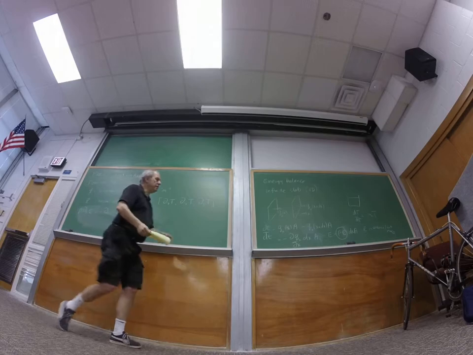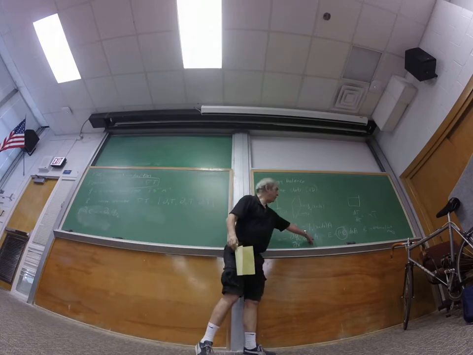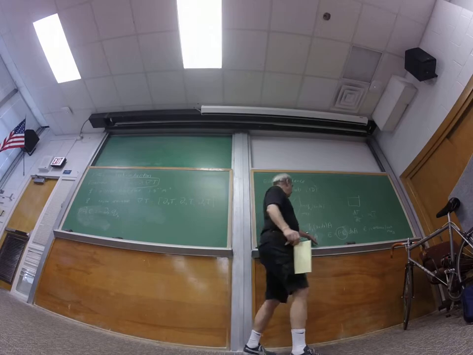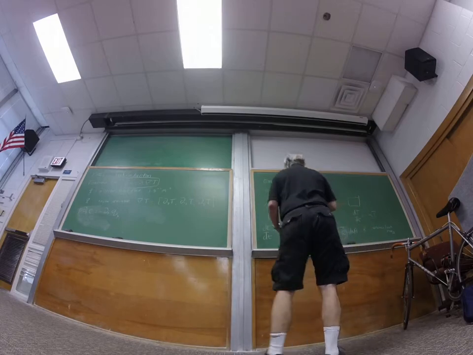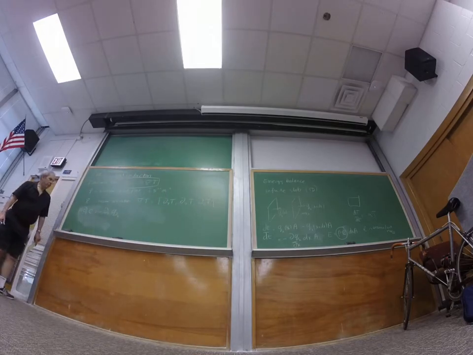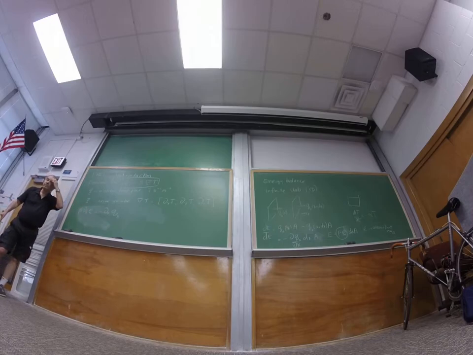Because you see that basically the volume term has cancelled on each side of the equation. There's a volume term here, and there's a volume term in the energy. So basically that tells you how the energy density, or the energy per unit mass in the fluid, is changing. Okay?